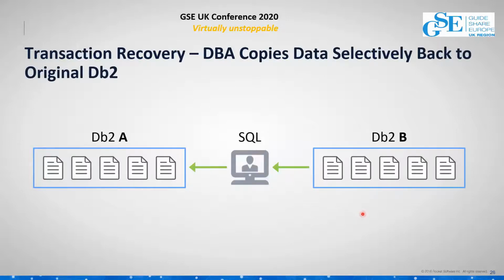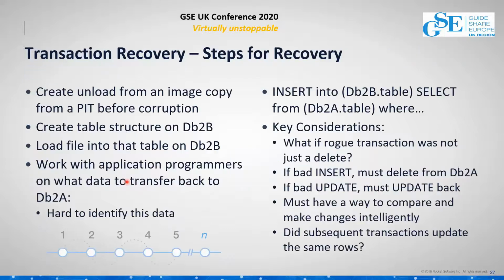So then you have to reverse the transactions in DB2B and manually correct the data and then move it back via SQL, most likely, to your production subsystem. That task is a highly intensive manual task, and let's have a look at the detailed steps.